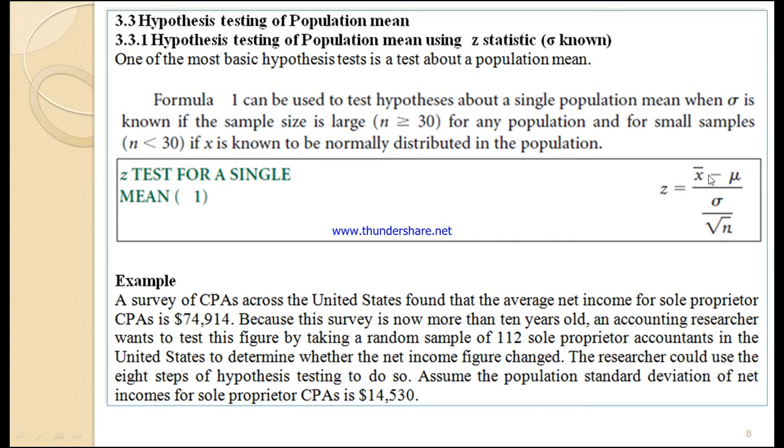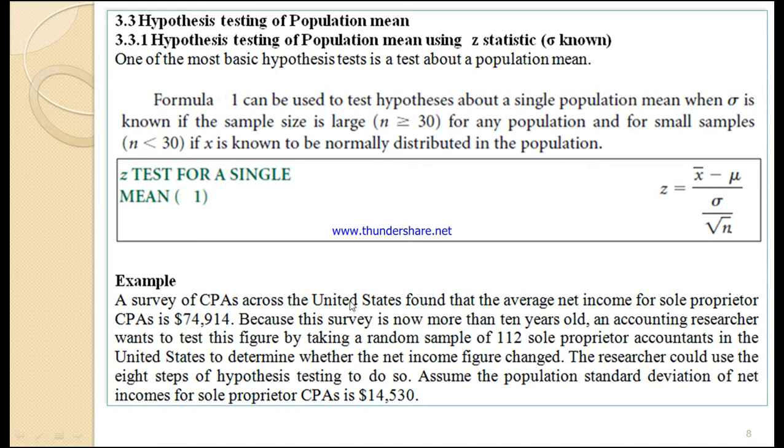Z is equal to x bar minus mu all over sigma divided by square root of n, where Z is the observed value or Z value, x bar is the sample mean, mu is the population mean, sigma is the population standard deviation, and n is the sample size.